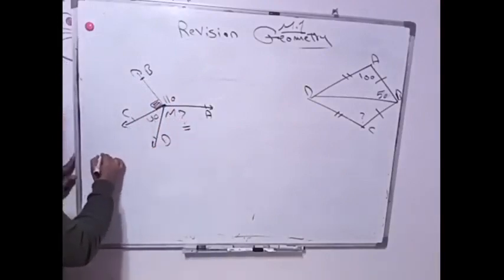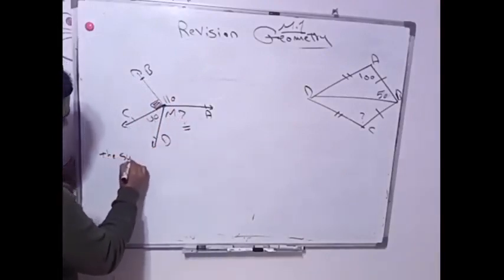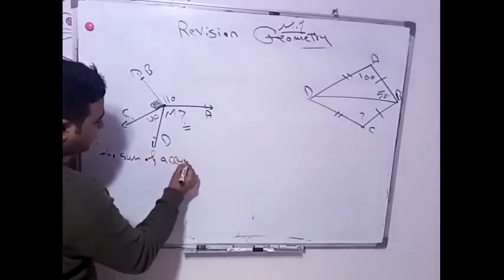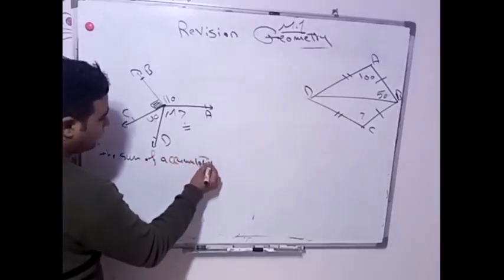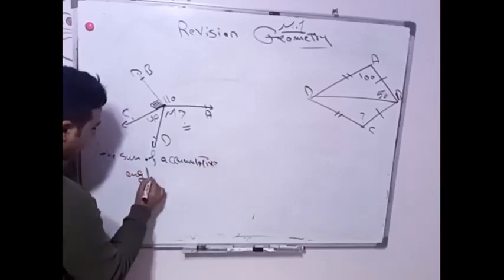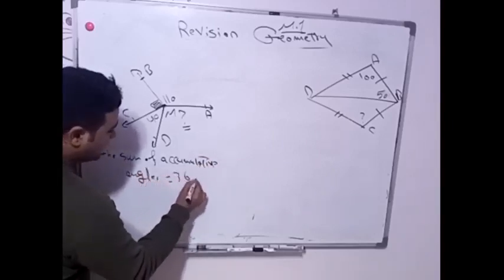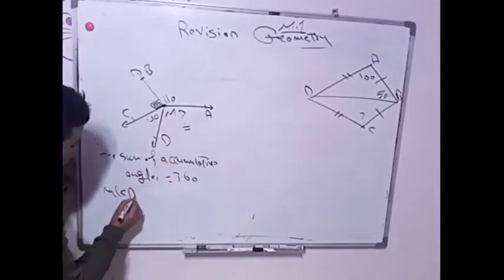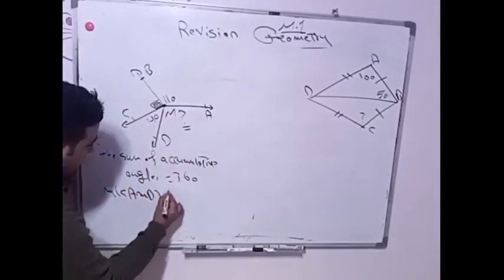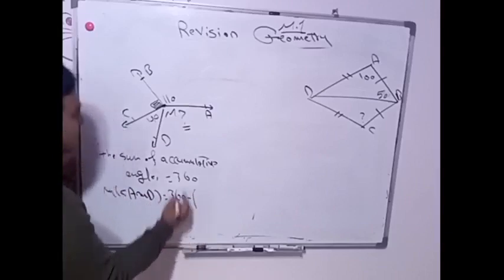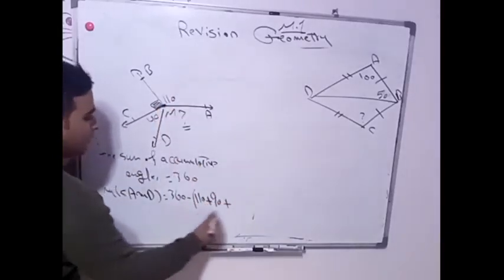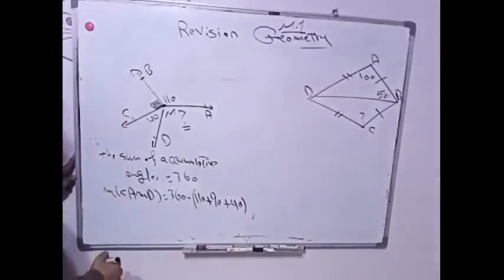Since the sum of accumulative angles at a point equals 360, measure angle AMD equals 360 minus (110 plus 90 plus 40). By using your calculator, you can get your angle.